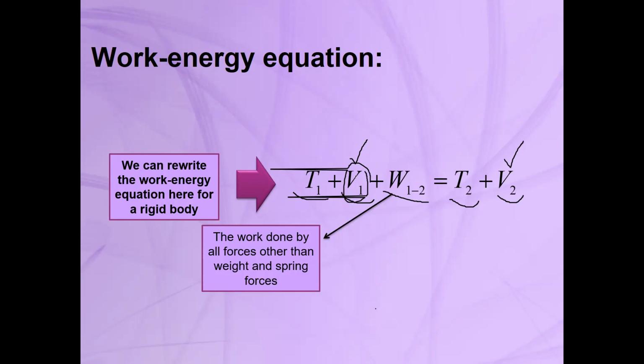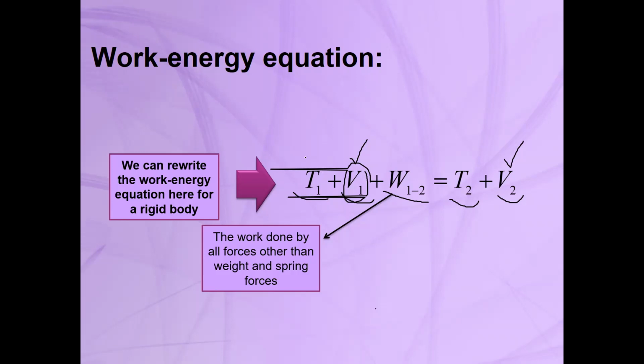So V includes the gravity potential energy, the position of the mass center of the rigid body. And also, if you have a spring in your system, V includes the potential energy stored in the spring. Okay, and T is the kinetic energy.